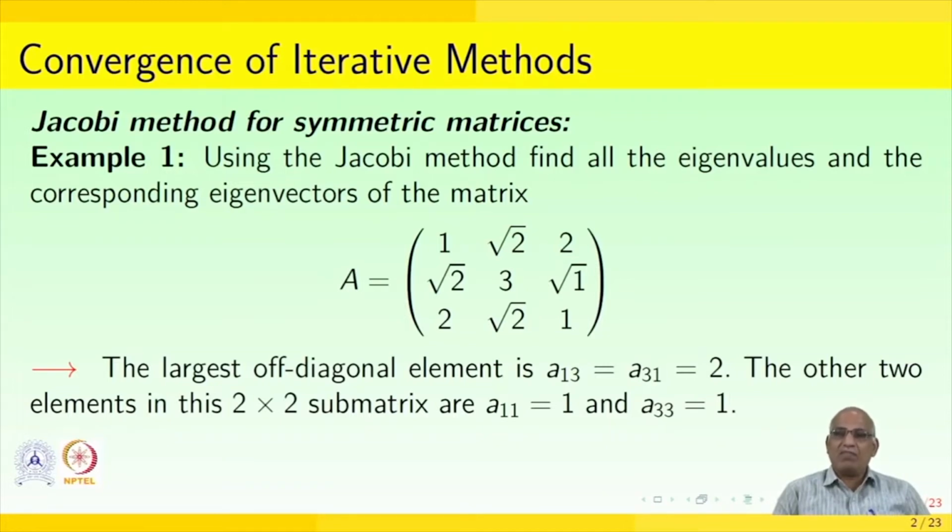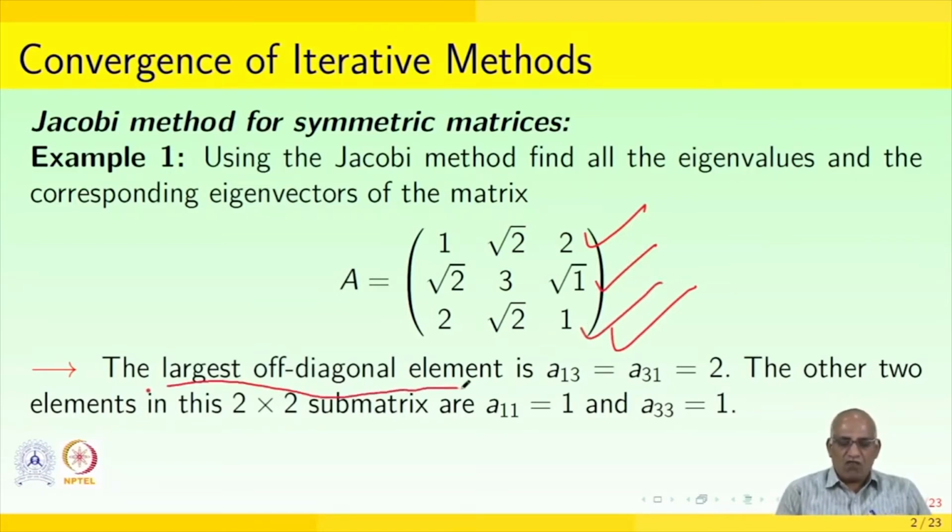Using the Jacobi method, find all the eigenvalues and the corresponding eigenvectors of the matrix given in 3 by 3 form. First row is 1, root 2, 2; second row is root 2, 3, root 2; third row is 2, root 2, 1.